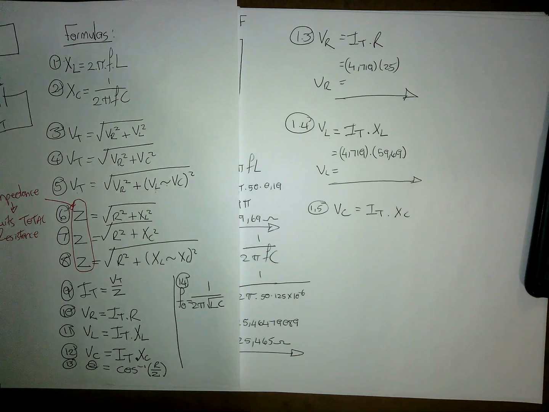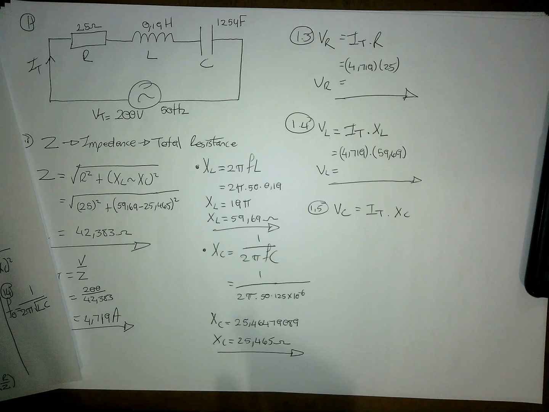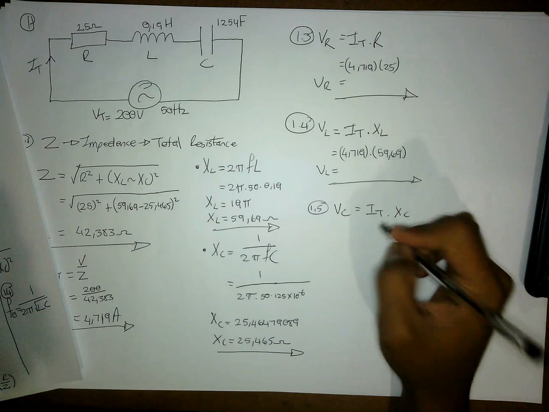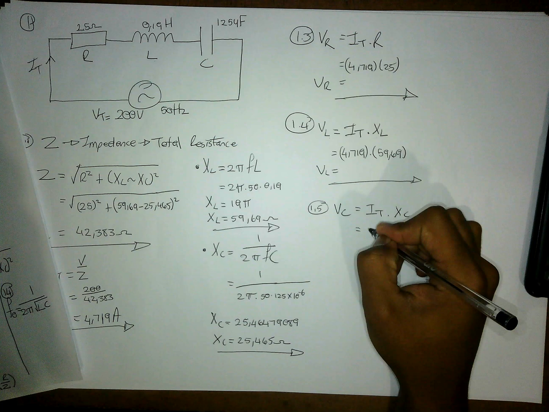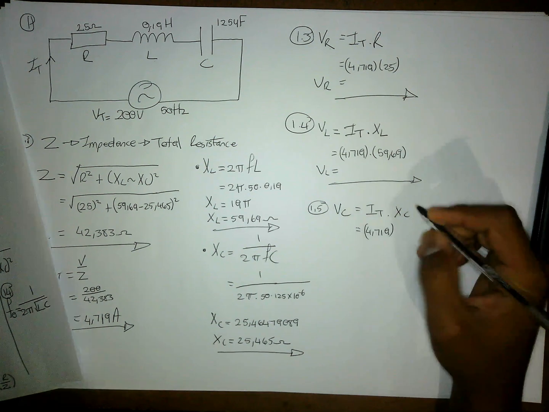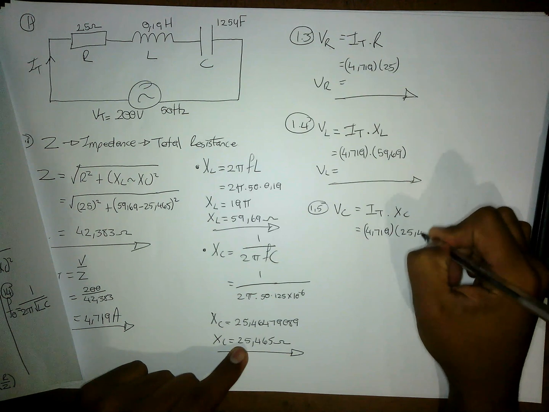The voltage drop of the capacitor needs the current and its capacitive reactance. Our current is 4.719. Our XC value is 25.465.